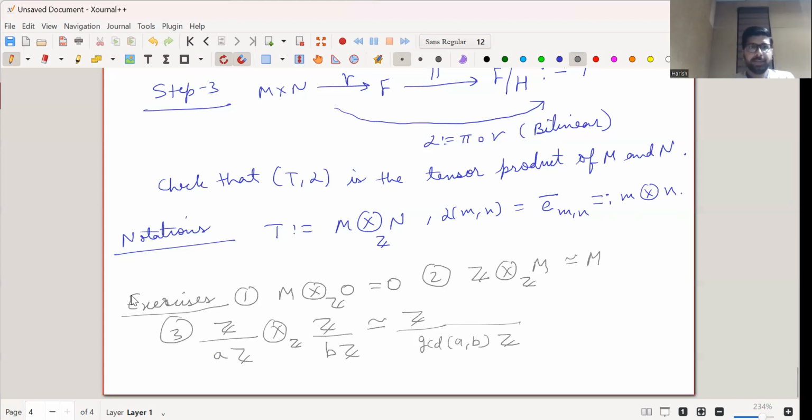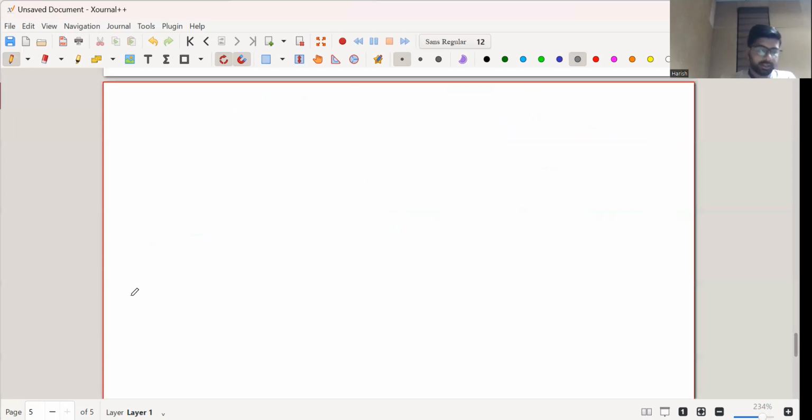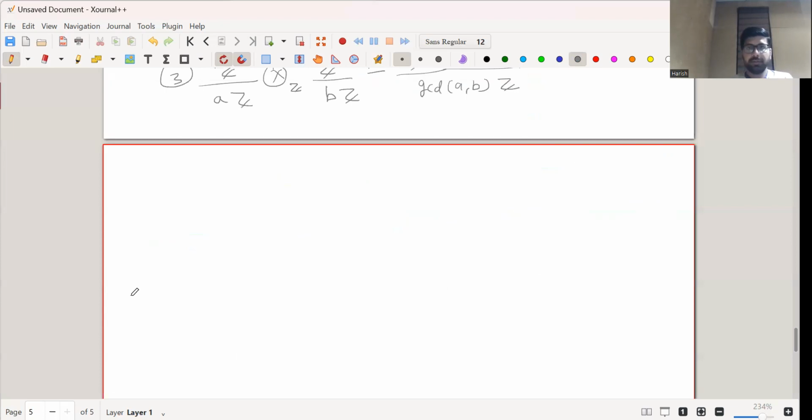So in the same spirit, one can define the tensor product of R modules, which I am not going to discuss, but one can define similar kinds of maps.